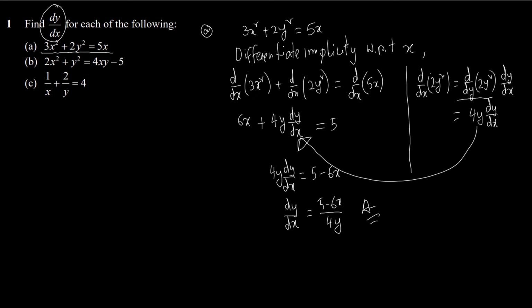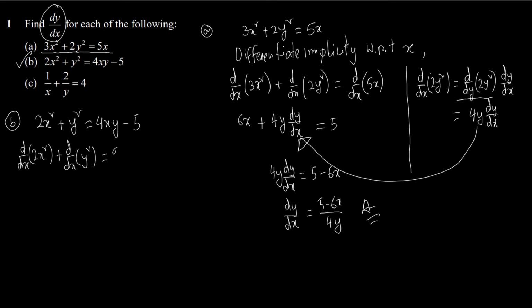Let's move to the second part of this question. It is written here 2x square plus y square equals 4xy minus 5. If we differentiate both sides, we write the full thing: d by dx of 2x square, plus d by dx of y square, and on the right side d by dx of 4xy, then minus d by dx of 5.